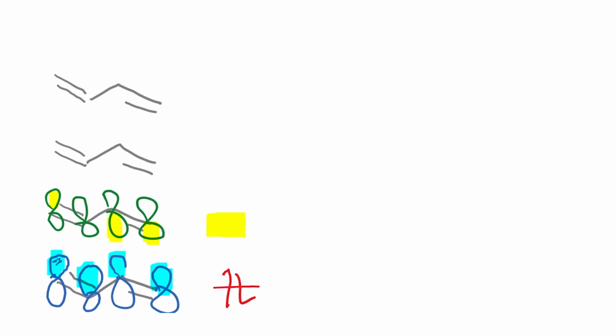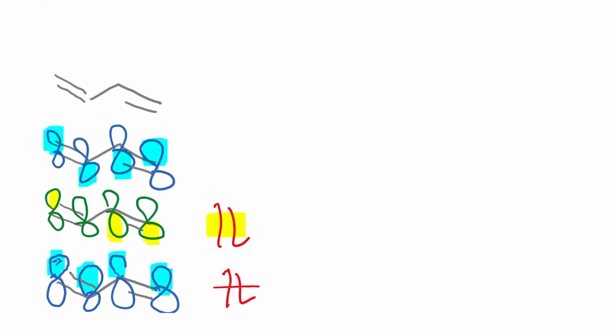So this is the second level. The third level is where you have these two of the same sign, and this is going to be the opposite sign. That leads to the empty orbital, because there are only 4 electrons in butadiene. And the last one is where all of them are mismatched.